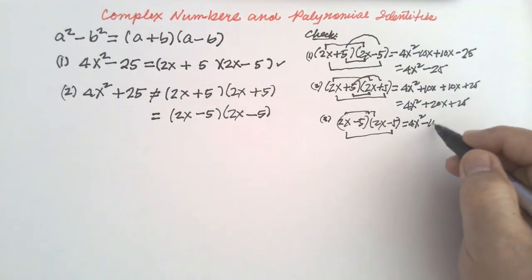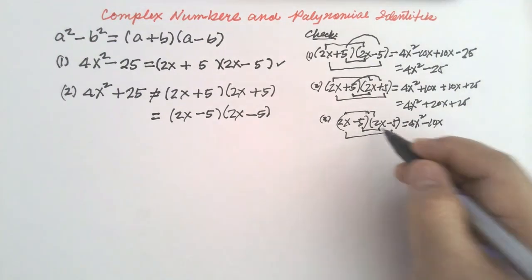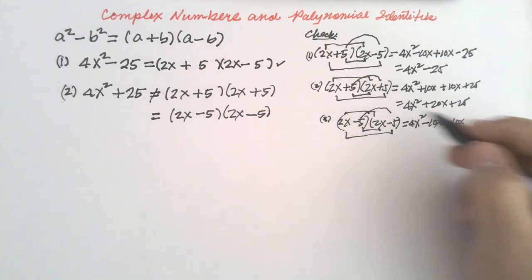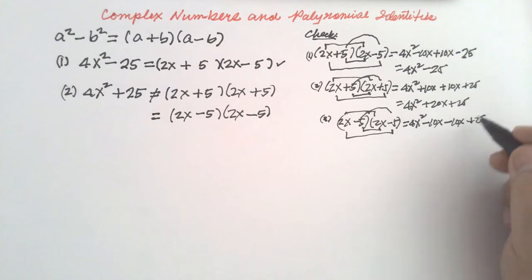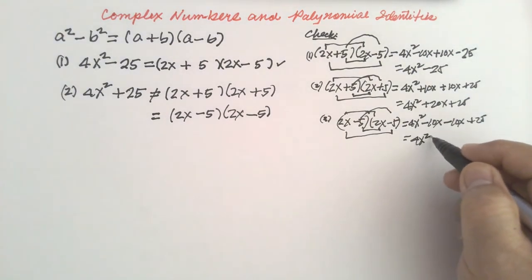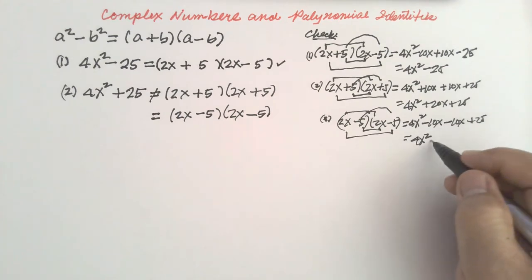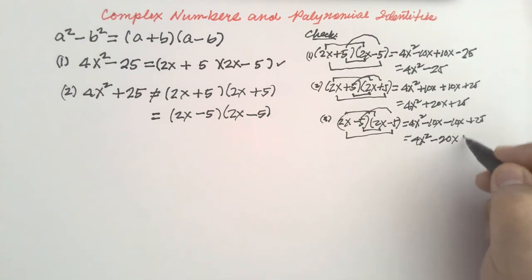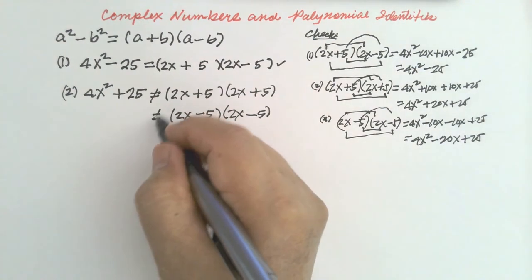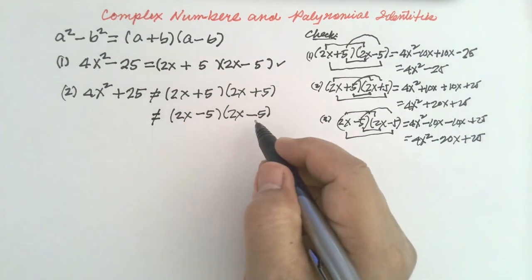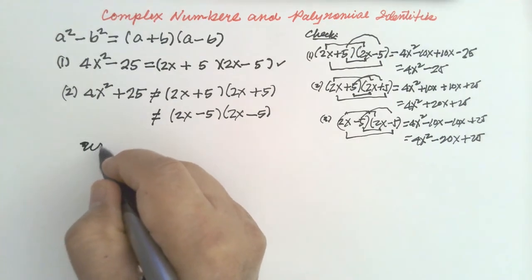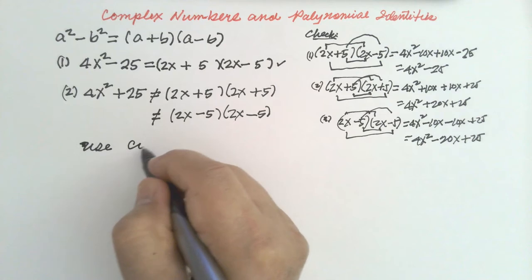Outside terms, negative 10x. Inside terms, negative 10x. Product of the last terms, positive 25. So this is now equal to 4x squared, negative 10x minus 10x is negative 20x, plus 25. This is different from this. So these are wrong. Now let us try to use complex numbers.